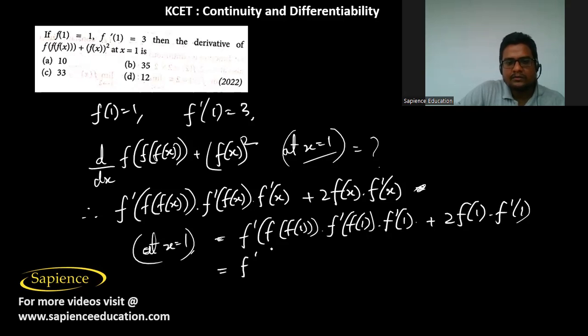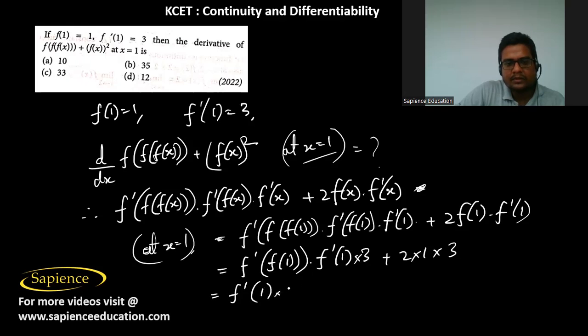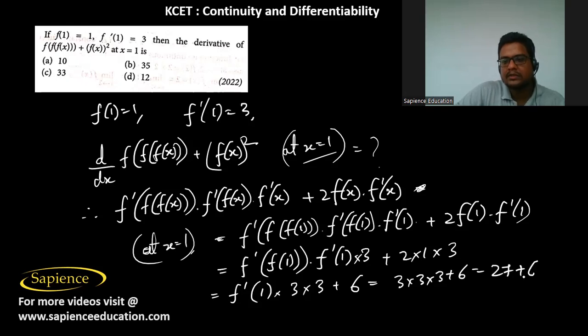Now f dash of f of 1 is f dash 1, which is 3, so this will be 3 into 3, then plus 2 into f of 1 which is 1 into f dash 1 which is 3, so 2 into 3 is 6. So this will be 3 into 3 into 3 plus 6, which is 3 3s are 9, 3 9s are 27, 27 plus 6, which is equal to 33. So option C is the correct answer.